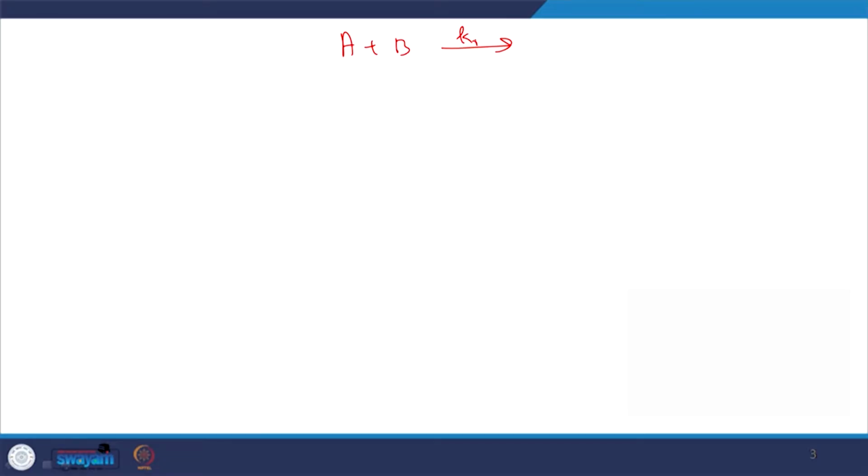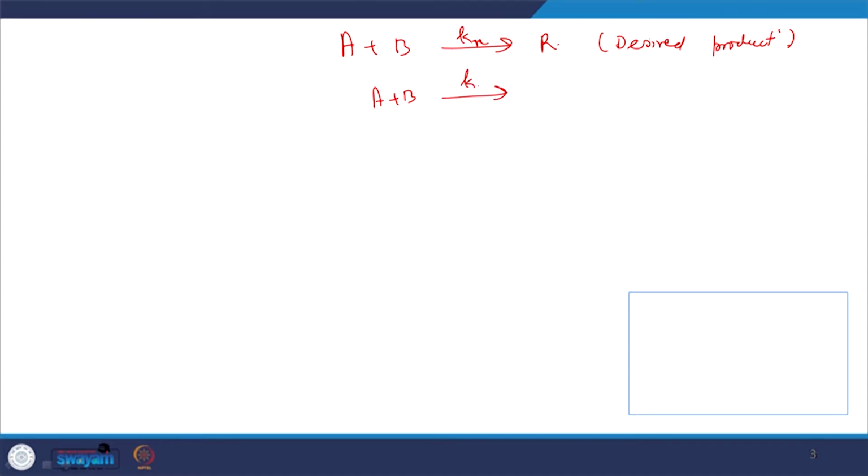Now, if two types of reactants react in two different reaction pathways and produce two different products simultaneously, this can be represented as A plus B giving R with rate constant Kr, that is the desired product, and A plus B giving S with rate constant Ks, the undesired product.